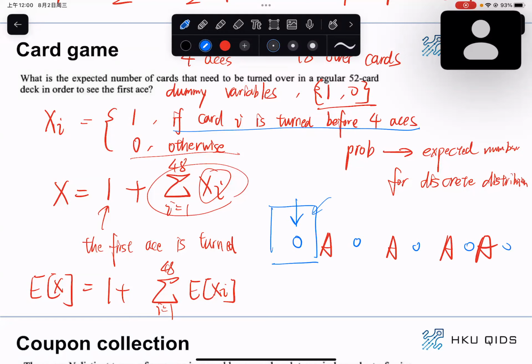For each drawing, the card can have equal probability to fall into here, here, here, here, and here, right? So expected xi is going to be what? It's going to be 1 over 5 because it only has 1 over 5 chance to fall here before all 4 aces. So this becomes 1 plus 48 multiplied by 1 over 5, which equals 10.6. Okay, but this is just a simple case.